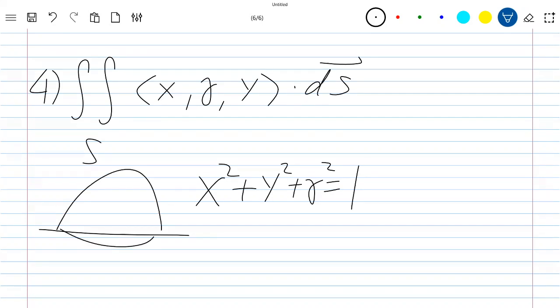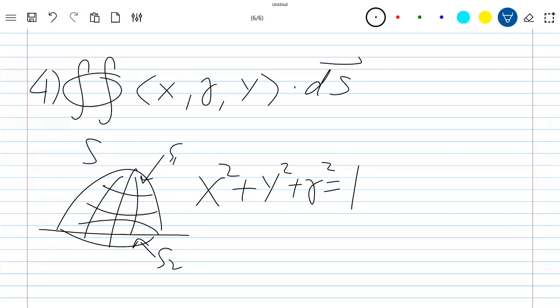So it's the top half. And let's make it two surfaces. Okay, so the top is S1 and the bottom is S2. And what is S2?